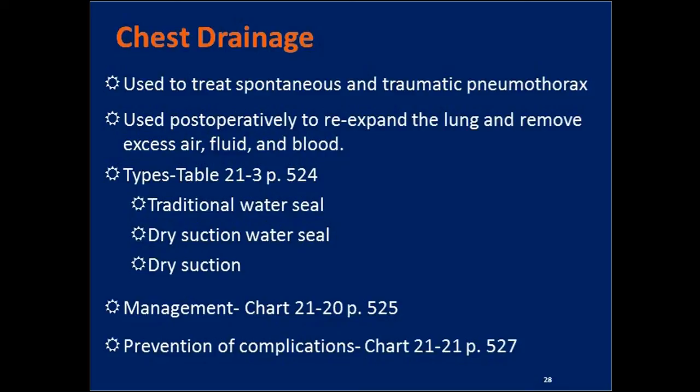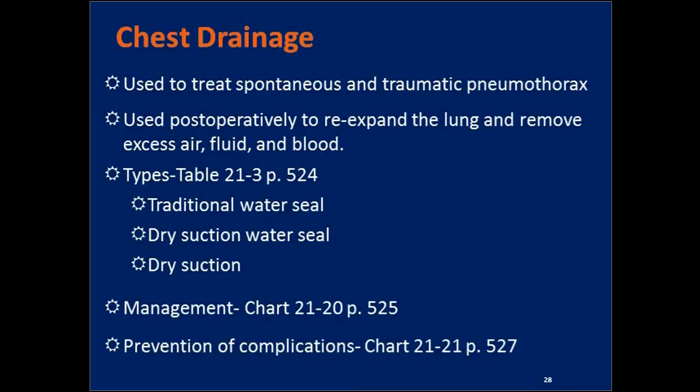The suction source causes a constant bubbling or rolling in the suction chamber, and that's how we know that we have a sufficient amount of suction on that drainage system. The appropriate amount of suction for a chest tube drainage system is -20 centimeters of water. If it's a water seal, it's -20 centimeters of water suction.